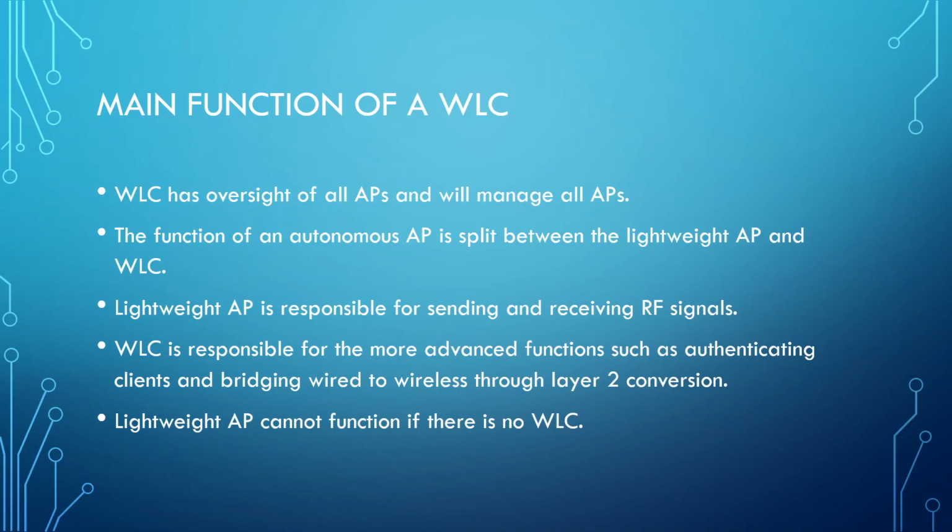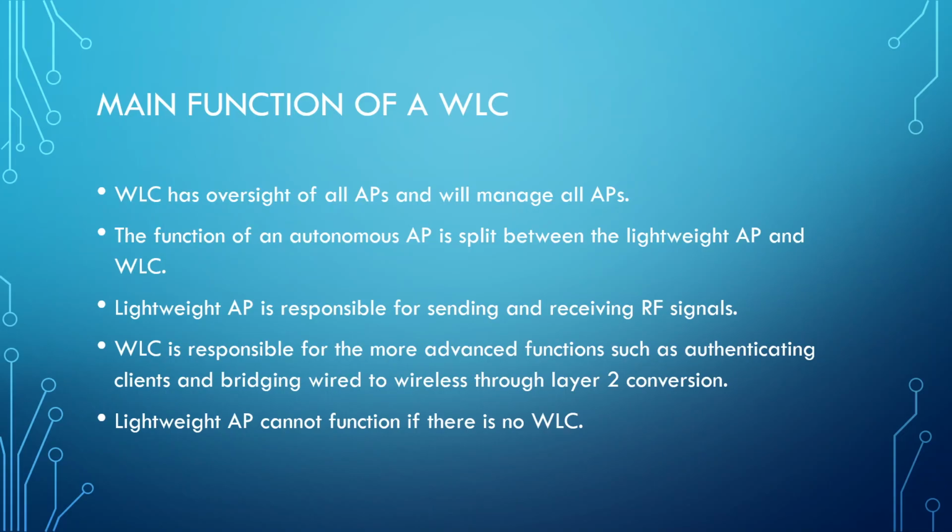So think of the split between wireless LAN controller and lightweight access point as being kind of a manager and worker scenario. So the lightweight access points are going to be your workers. They are going to be the guys sending and receiving RF signals, receiving data from, let's say, wireless clients. But once it's received that data, it doesn't know what to actually do with it.